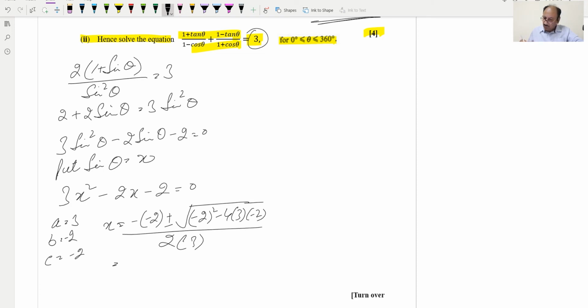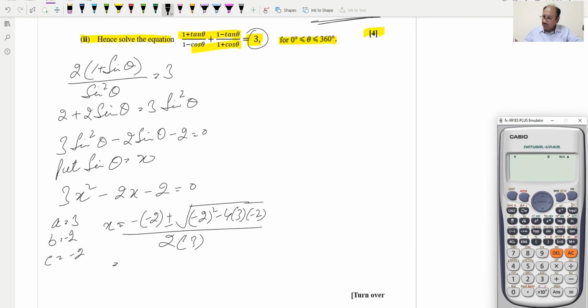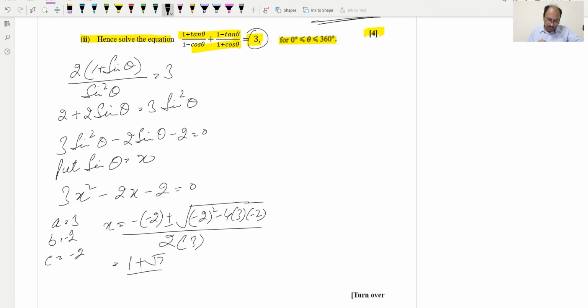And if we solve this with the help of the calculator fraction, this will be 2 plus minus square root of 4 plus 24 over 6, and this is equal to 1 plus 7 root over 3. One solution will be this one and the other one will be the negative solution, and these will be the two x values which we found.